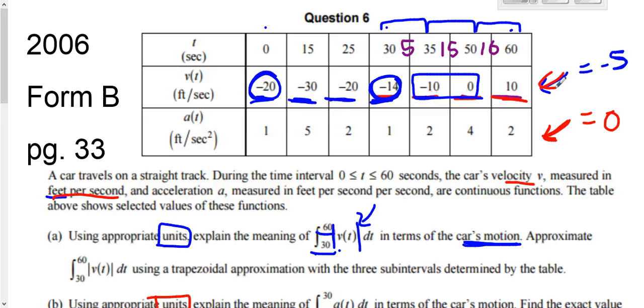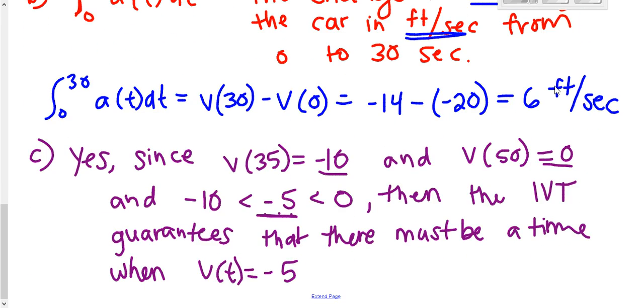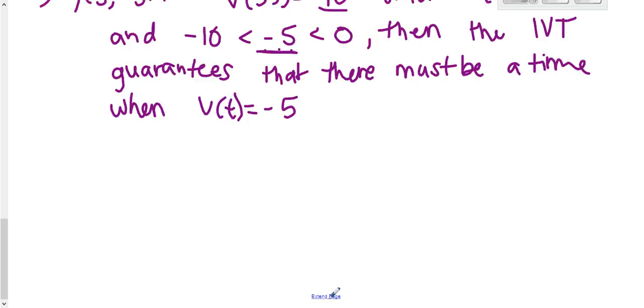So our velocity is equal to each other, I'm sorry. That would mean that there's a time in there. We have a theorem that says that there is a time where acceleration would equal 0. So this one's a little bit harder. I know that was kind of hard to follow, so let's write it out and be able to understand what's going on. So D, the answer to D is actually yes.